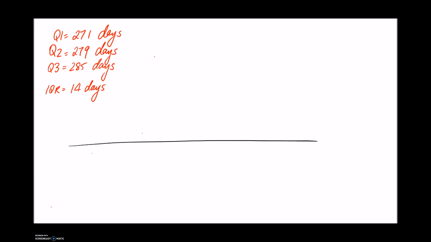I'm going to mark a few points on it. We know Q2 is at 279 days. We've got Q1 somewhere here at 271, and Q3 up here somewhere at 285 days. And the interquartile range that we calculated is this distance in here of 14 days.